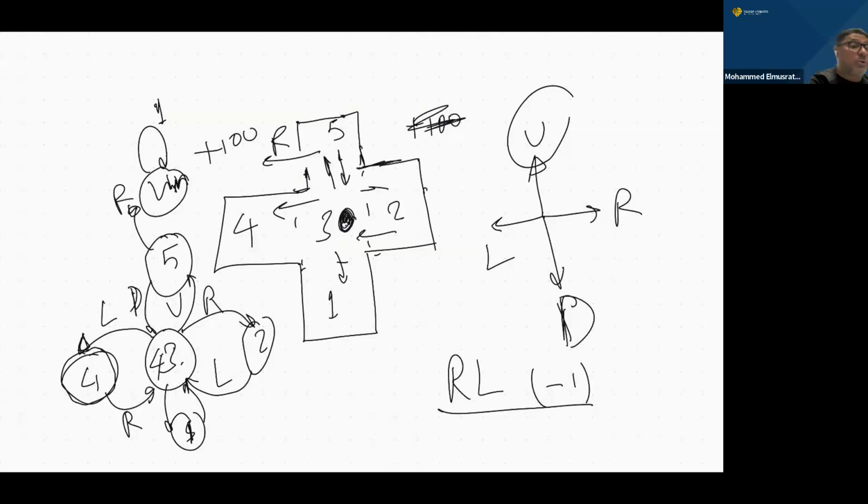Okay, but the reinforcement learning doesn't know the configuration of this maze. Your robot doesn't know the configuration of the maze. It knows only its current state. When it moves to 4, it will know that it is now in 4.